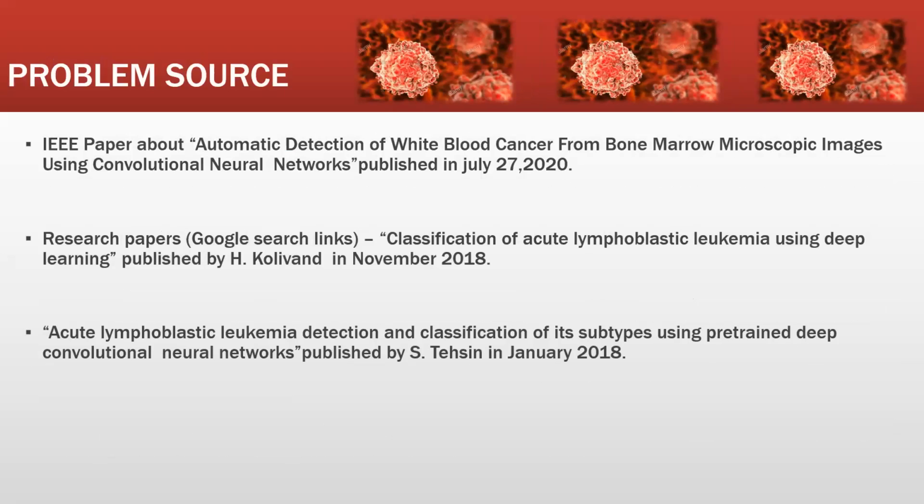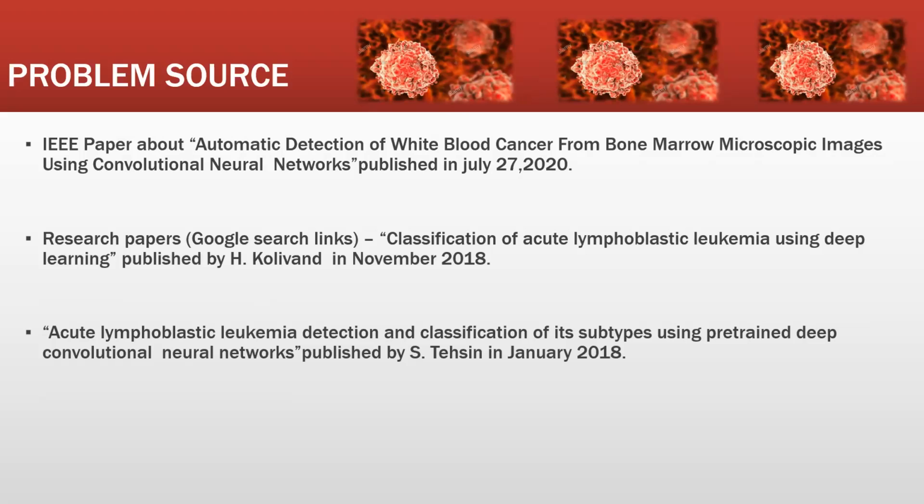Good afternoon, all. We have selected our problem statement by reviewing these papers. An IEEE paper about automatic detection of white blood cancer from bone marrow microscopic images using convolutional neural networks, which was published on 27th July 2020.